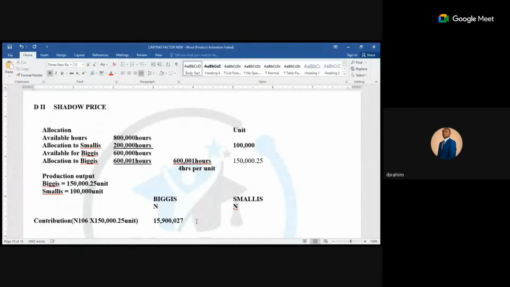So what is the contribution per unit? 94 naira. 94 naira times 100 units, what do we have? 9,400,000. Thank you. This will be the resulting contribution, right?